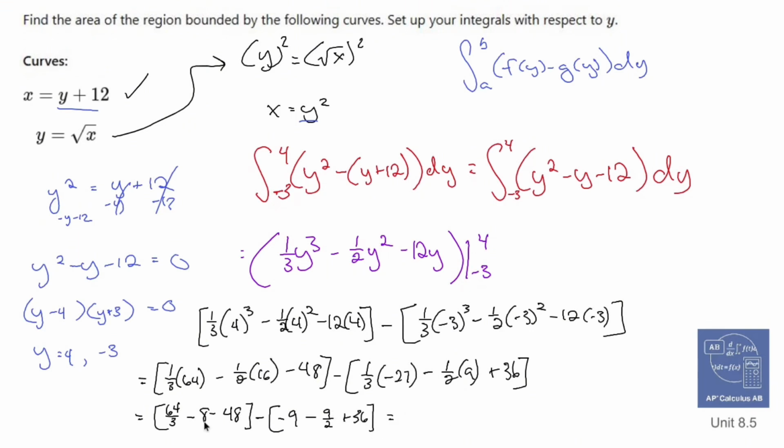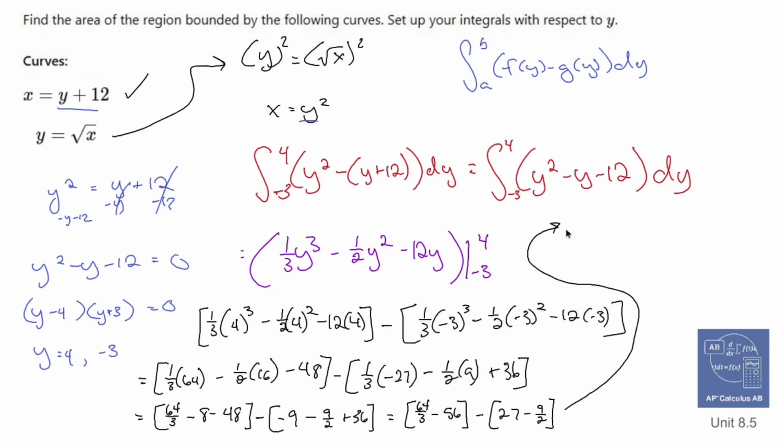So let's just keep going. We've got 64 over 3 minus 56 minus negative 9, that's plus 27, minus 9 over 2. So let's move this up here where I have a little bit more space.